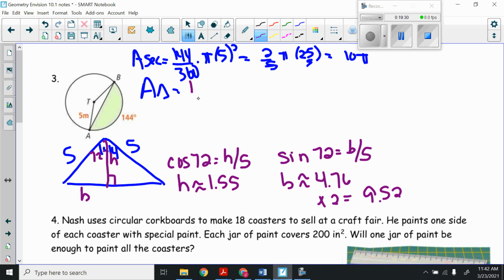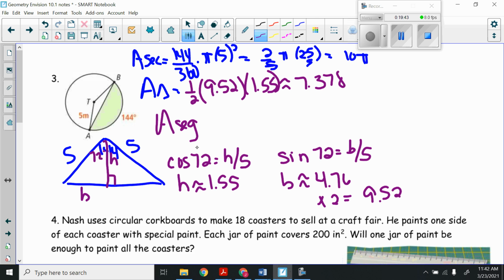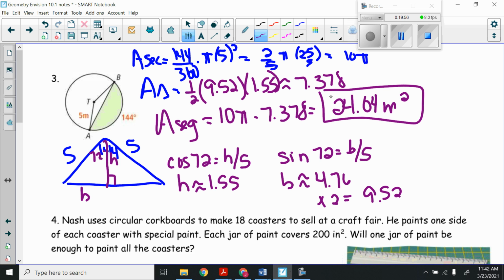So the area of my triangle, 1/2 times the base, 9.52, times the height, 1.55, is approximately 7.378. So the area of this segment is equal to 10 pi minus 7.378, which is approximately 24.04 square meters.